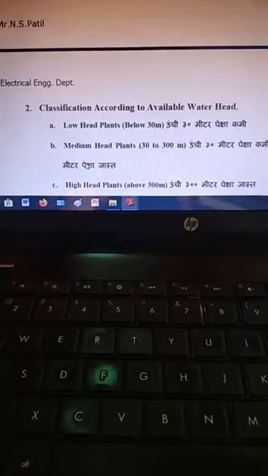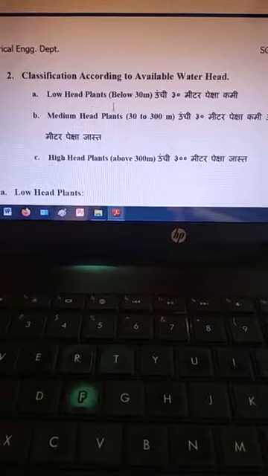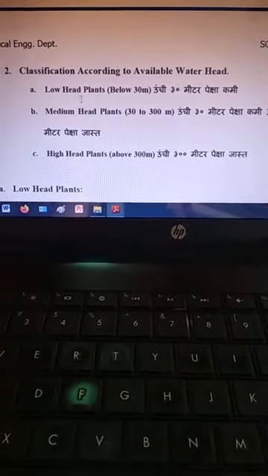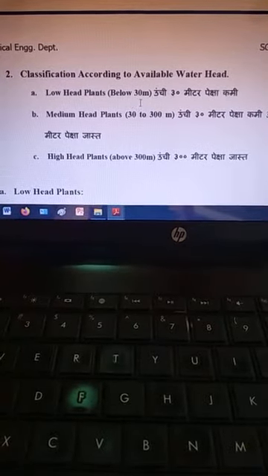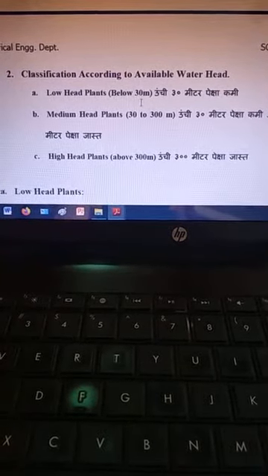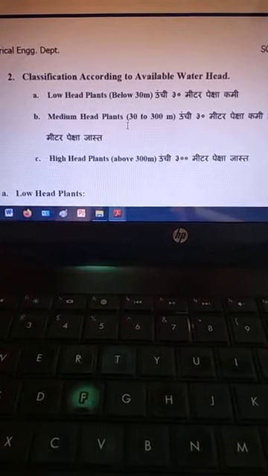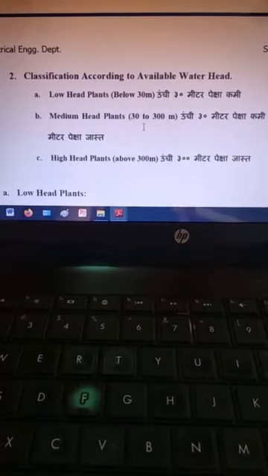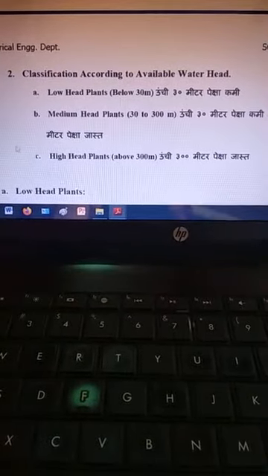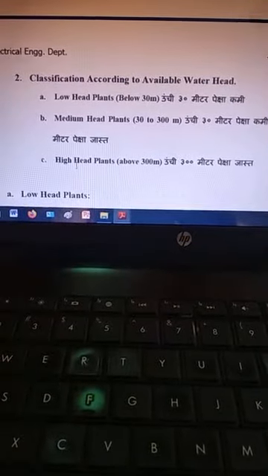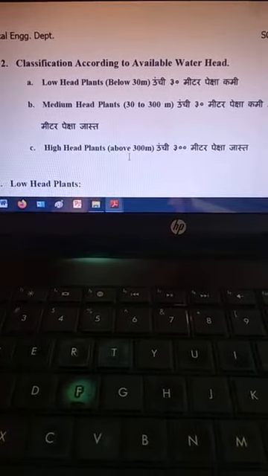Now let us move on to the second category, that is, classification of hydroelectric power plants on the basis of water head available. First is low head plants, that means hydroelectric plants whose head is below 30 meter. For medium head plants, the head ranges from 30 to 300 meter, and for high head plants, the range of the head is above 300 meter.